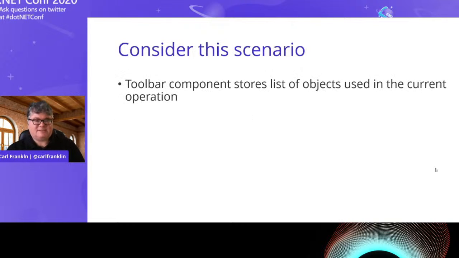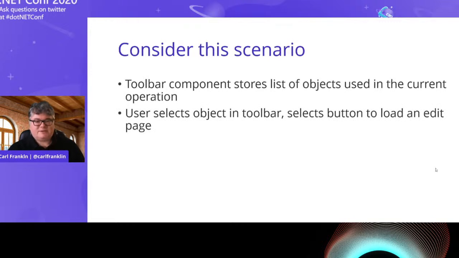Here's the scenario. You have a toolbar component across the top of your page that stores lists of objects that are used in the current page, whatever that page is. The user maybe selects an object in the toolbar with a drop-down, and then selects a button to load an edit page below the toolbar, which the user edits.